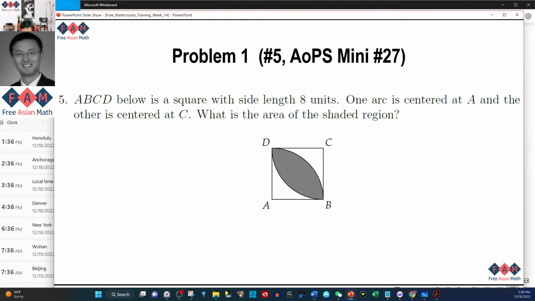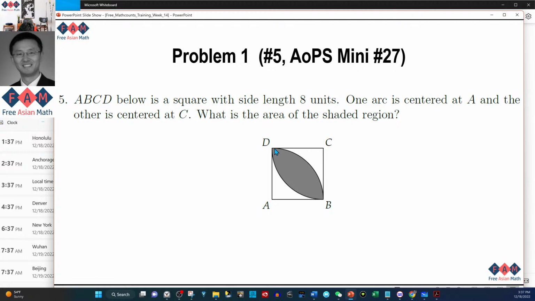So for this problem, we have a square on the outside. We know the side length is A units. So we have one arc that is centered at A. The other one is centered at C. So what that means is that we have two arcs that are part of two circles.